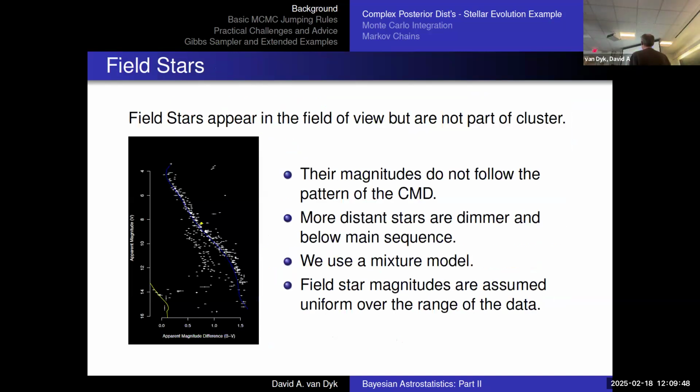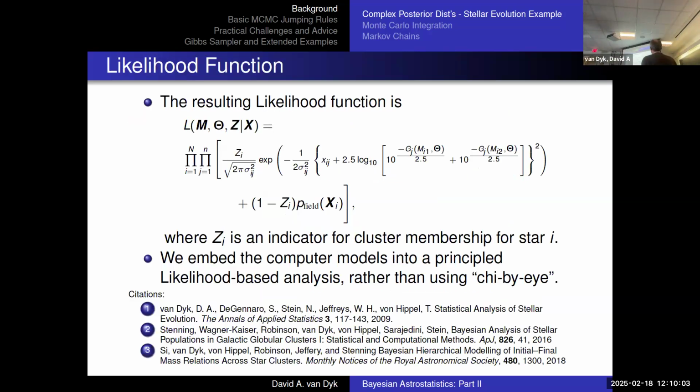There are field stars in addition. This is a real color magnitude diagram. You can see the lovely main sequence and some white dwarfs, but there's a lot of other stuff around. So we have to be able to distinguish between the actual stars in the cluster and stars in the foreground or the background. So our likelihood becomes a bit more complicated. Where I used to have just the prediction for 1 star, I now have the sum of 2 stars.